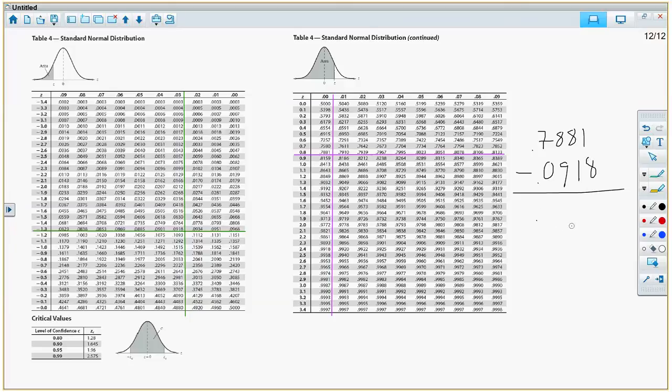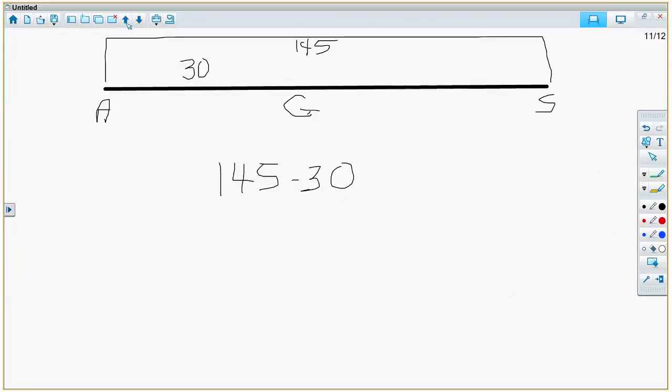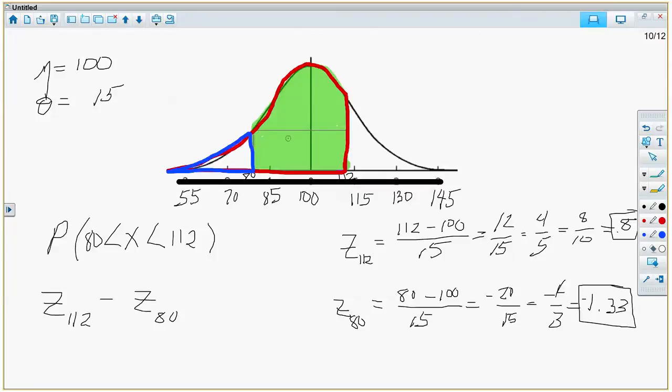No. 79 minus 9 is 70. So it's going to be around 70. I'm sorry, what? 69.63. So our green area is 0.6963.